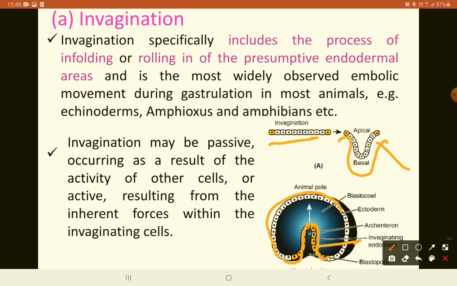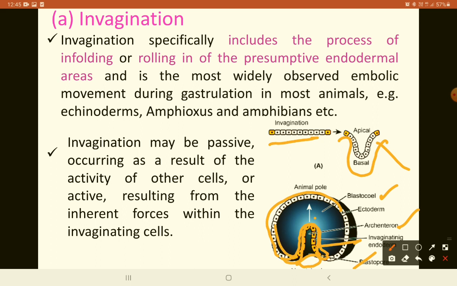Now by exhibiting this process of invagination, what changes does it bring to the blastula? Originally, the cavity of the blastula is called the blastocoel. Now when these cells move inside, this gives rise to a new cavity, a new space enclosed between these invaginating cells, known as the archenteron. And whenever there is a cavity, there has to be an opening for it, and that is called the blastopore.